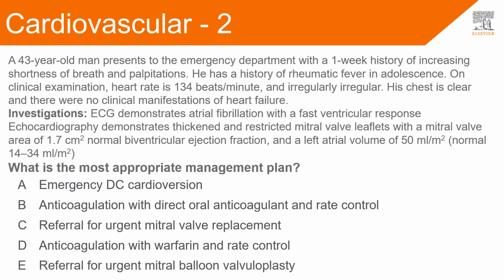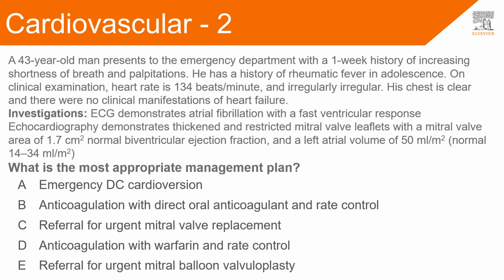Okay, I'll give you a couple of seconds to think things through. The various options are: A, emergency DC cardioversion; B, anticoag with direct oral anticoagulant and rate control; C, referral for urgent mitral valve replacement; D, anticoag with warfarin and rate control; or E, referral for urgent mitral balloon valvuloplasty.